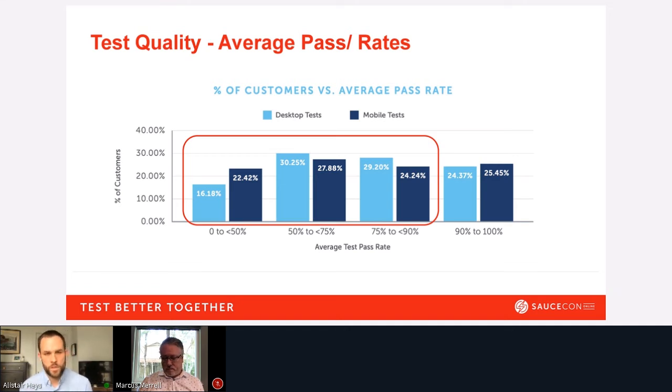There's big pushes, but what this means is that if your average pass rate is below 90%, there's likely noise in your system. The lower you go, likely the more noise there is. We would expect that in a mature testing practice, even if a breaking change happens, it's a smaller set of tests that fail.